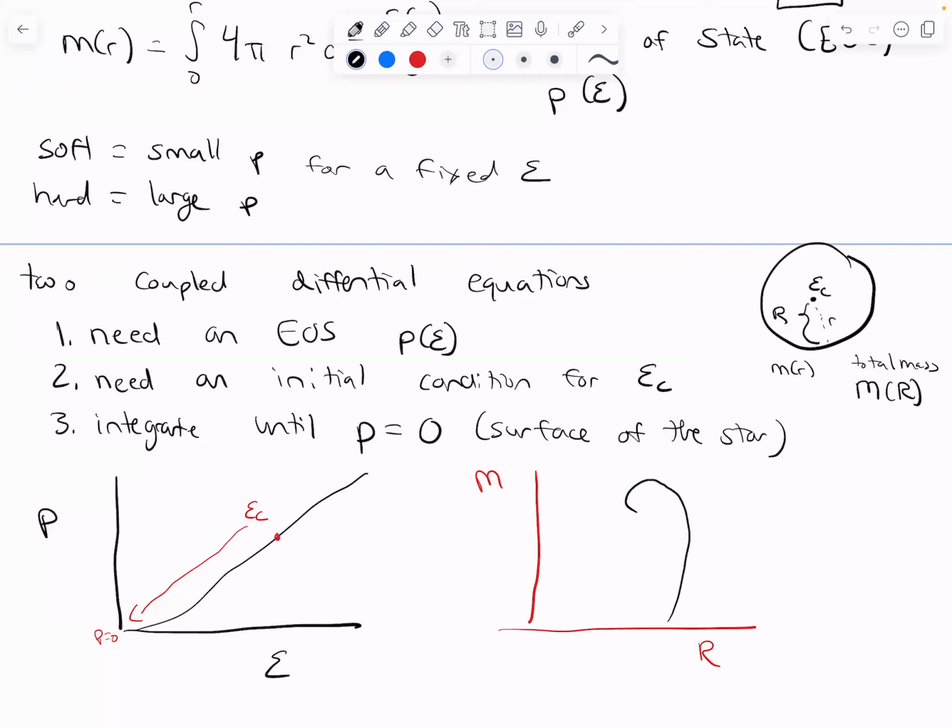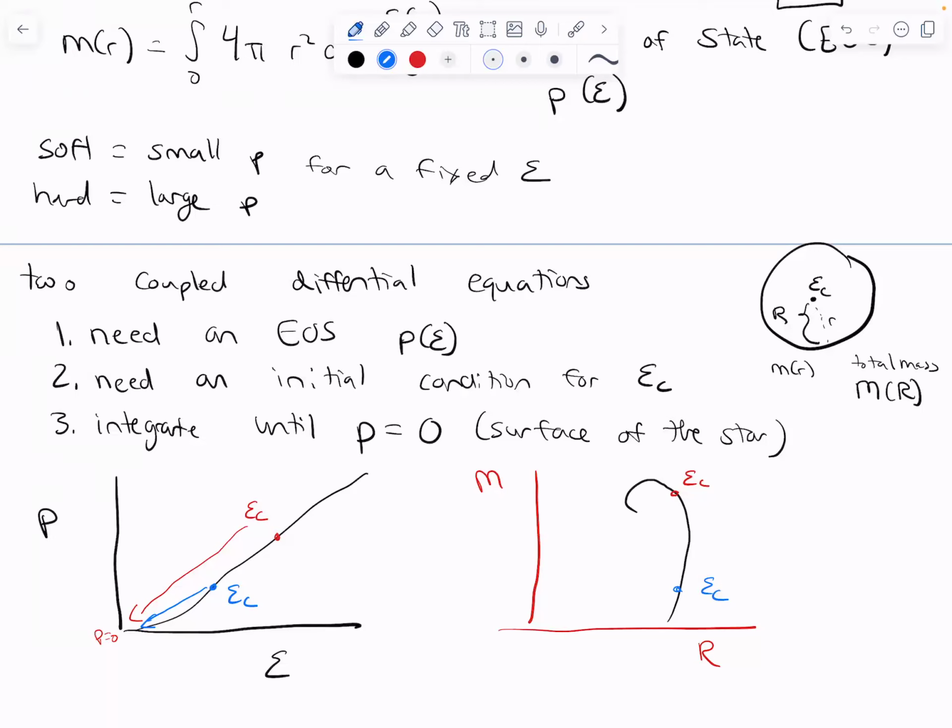So let me explain. For a specific energy density, I'm going to get a point over here that corresponds to that specific energy density. I could take another point here, where this is a different energy density. I'm also integrating down to 0, and that corresponds to a different point on this curve.